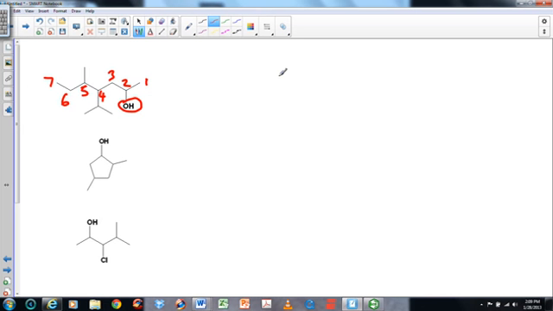So 7 carbons is heptane. Therefore, 7 carbons with an OH is heptanol. Now the ol is on carbon 2, so therefore we call it 2-heptanol. If we didn't have these 2 substituents, that's what the name would be. But we do have these 2. We've got an isopropyl and a methyl.